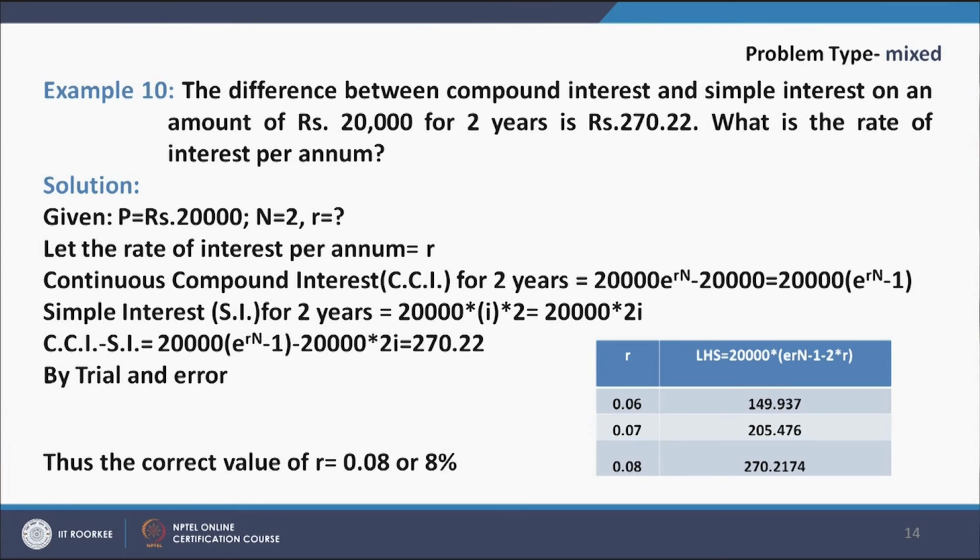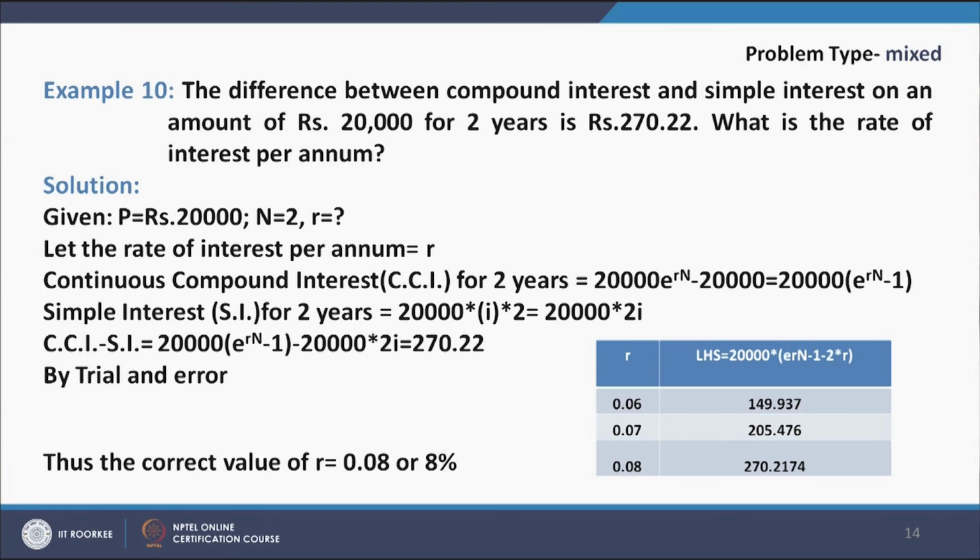Now, again problem type mixed. Example 10. The difference between compound interest and simple interest on an amount of rupees 20,000 for 2 years is rupees 270.22. What is the rate of interest per annum? Given that P is equal to rupees 20,000, N is equal to 2, and what is the value of R?